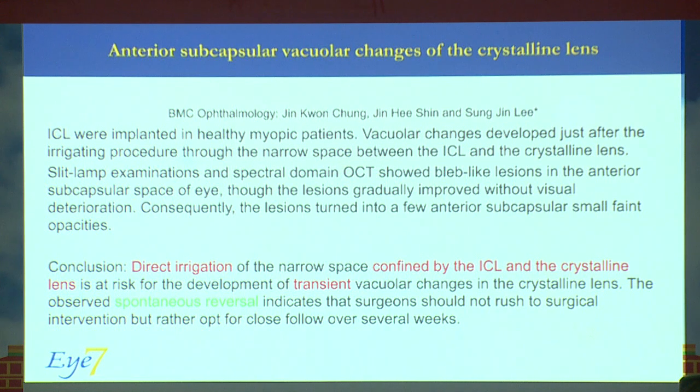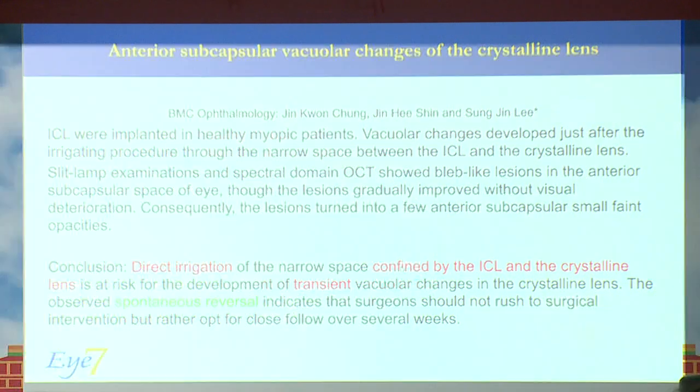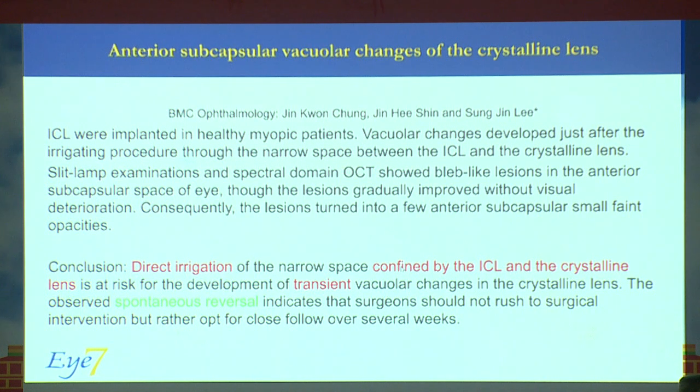So we looked up the literature after we had some 3 cases as such, and it was said that these are vacuolar changes, and the result is because of direct irrigation in the narrow space between the ICL and the crystalline lens. This is what I was talking to you about in this session in the beginning.